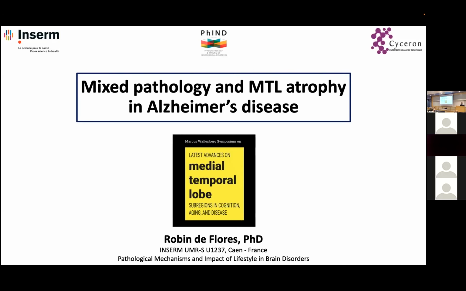We have one more question from Zoom. Are there cognitive differences between 80 plus with TDP43 versus 80 plus without TDP43?